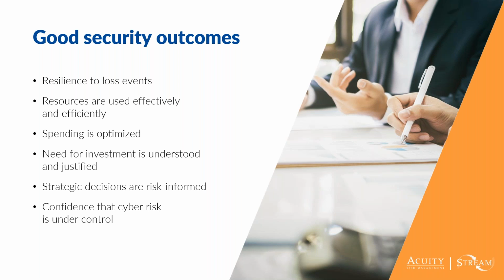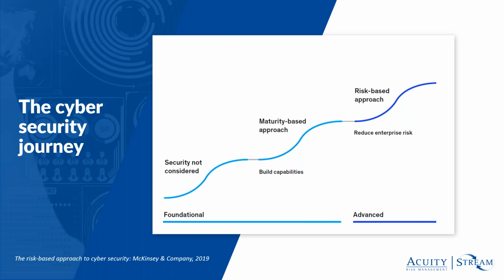I just wanted to highlight 2 points that came out of the previous webinar. Firstly, and I referred in the previous webinar to some research produced by McKinsey, the management consultancy, towards the end of 2019. And they'd identified that the majority of organizations these days are taking a maturity-based approach to cybersecurity, which is focused on building security capabilities.